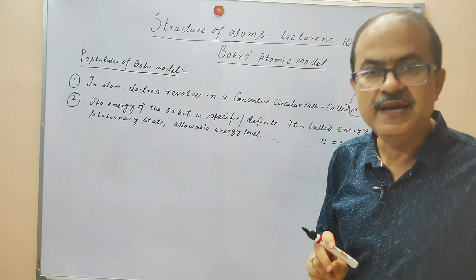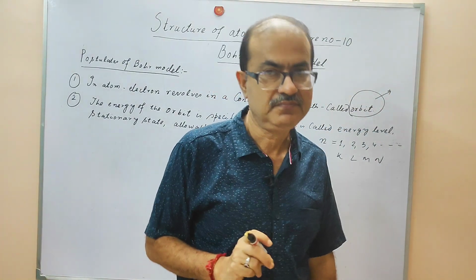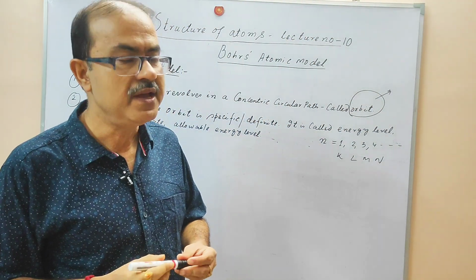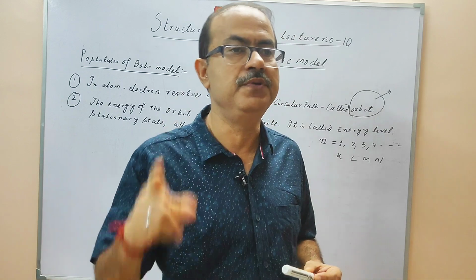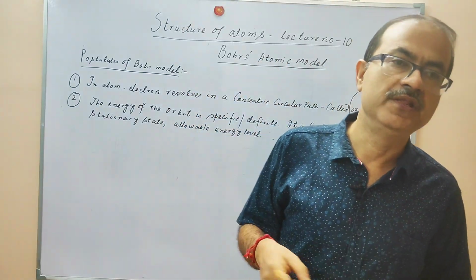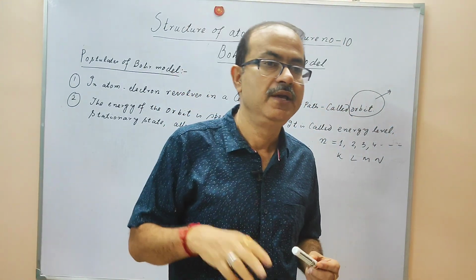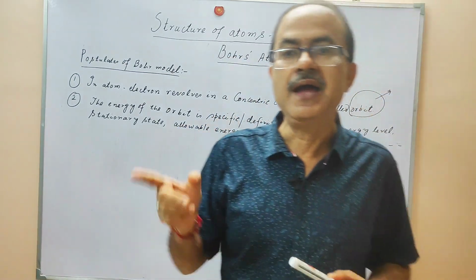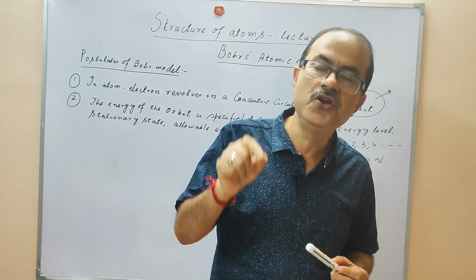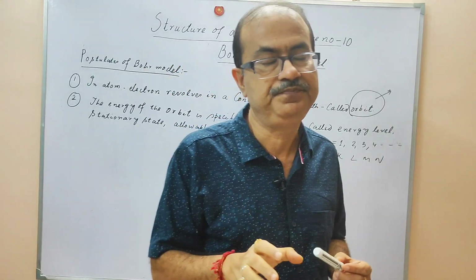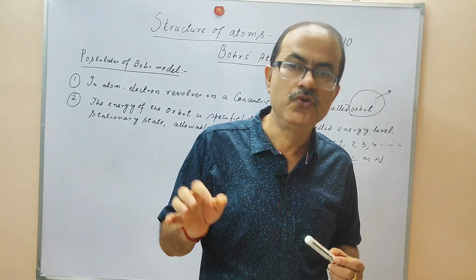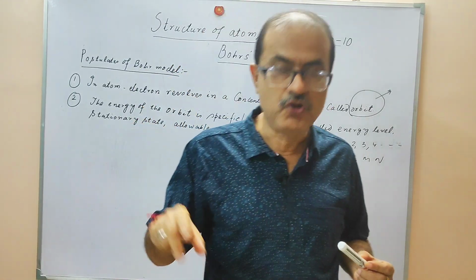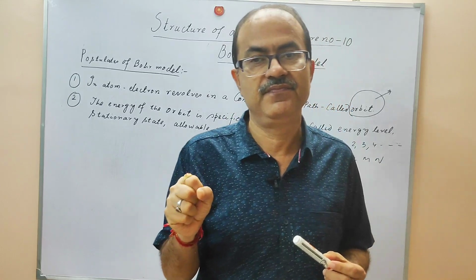Why is it called a stationary state? Because when the electron revolves in this orbit, the stationary state, it will not emit any type of energy. And that was the failure of the Rutherford model, that he could not reconcile these things.